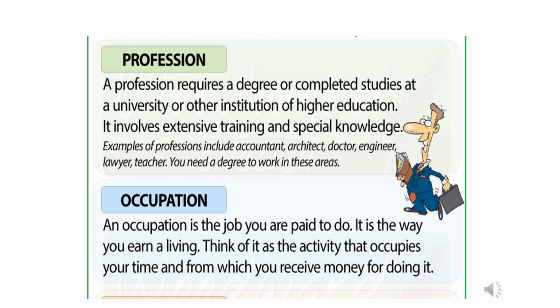Examples of professions are accountant, architect, doctor, engineer, lawyer, teacher. You need a degree to work in these areas. Similarly, an occupation is the job you are paid to do. It is the way you earn a living. Occupation means that you are simply doing a job so that you can earn a living.